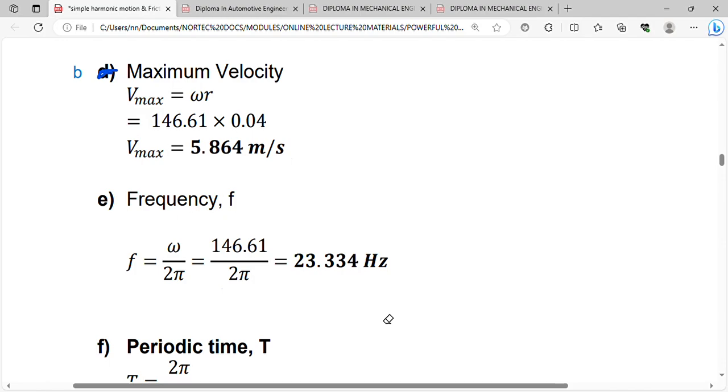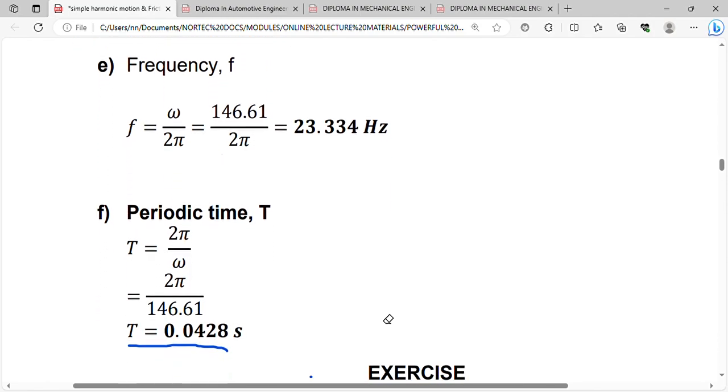The opposite of frequency, or rather, the reciprocal of frequency, is periodic time. So periodic time is given by 2 pi divided by omega. So we're getting 2 pi divided by 146.61.